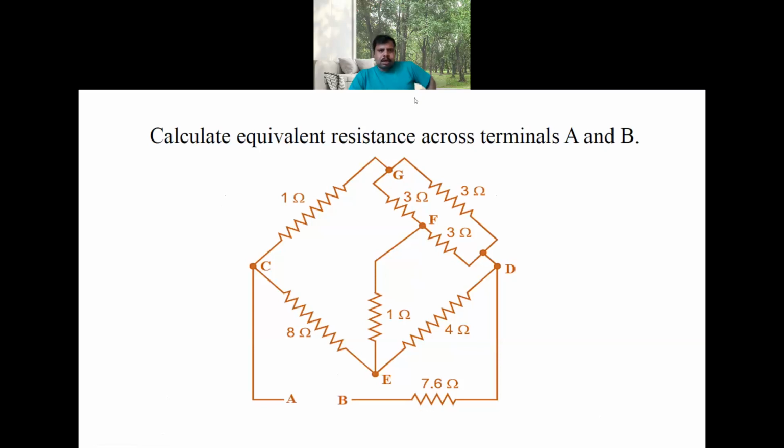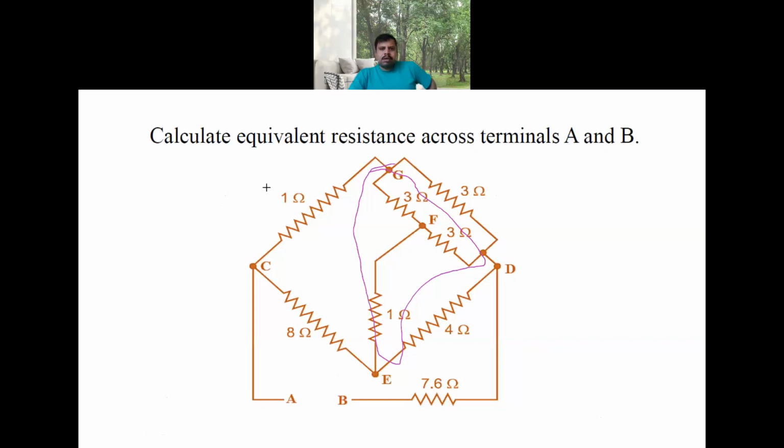In this particular example, the author of the problem had taken this GDE combination. Here it consists of a star network. This star network is going to be converted into the delta.